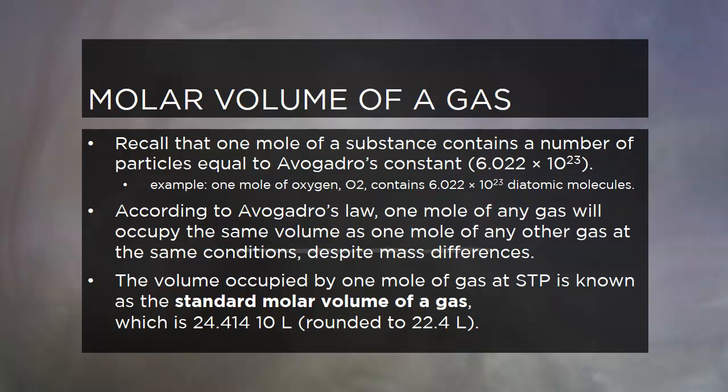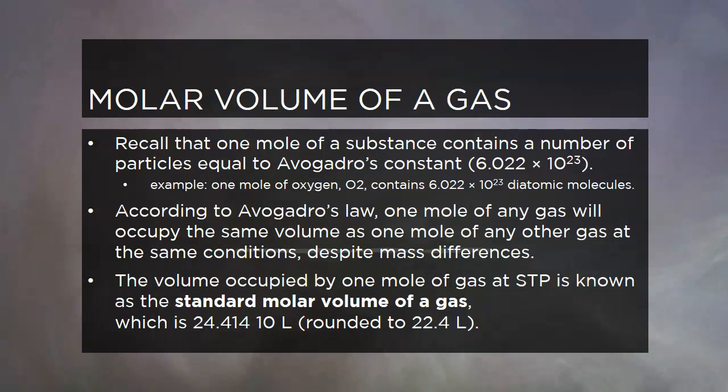So what's interesting is that any gas will amount to the same volume for the same amount of moles. If I had 22.4 liters of a gas, that would be 1 mole of that gas at standard temperature and pressure, which is 0 Kelvin and 1 atmosphere.